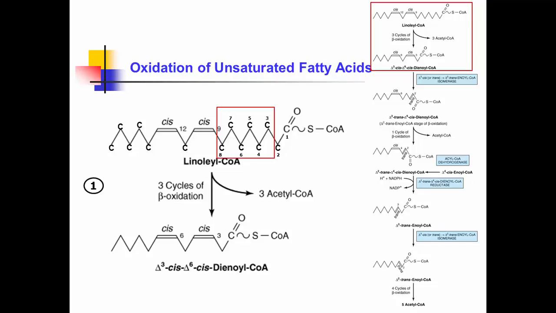It started with the activation of fatty acids in the cytosol, right? Fatty acids are activated to fatty acyl-CoA, and the fatty acyl-CoA needs to be transported into the mitochondria because all the enzymes for beta oxidation are localized in the mitochondria.